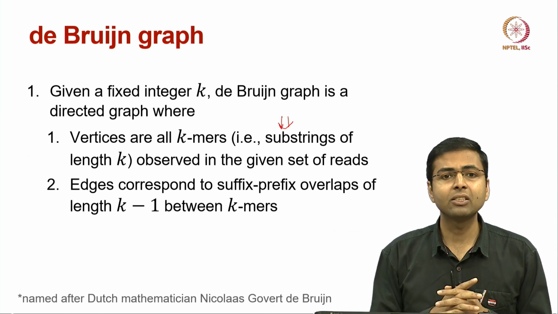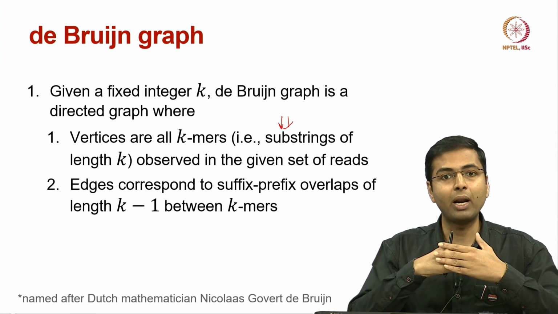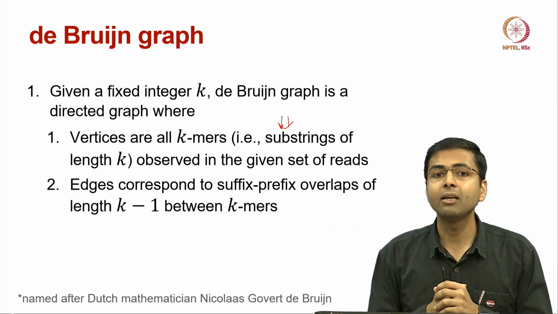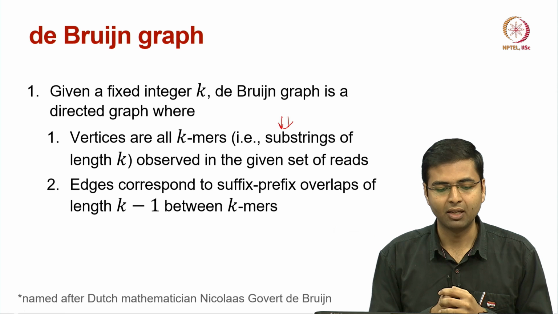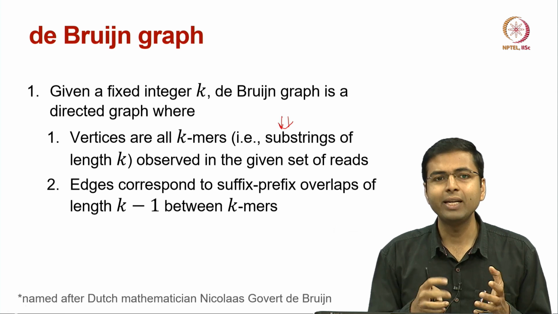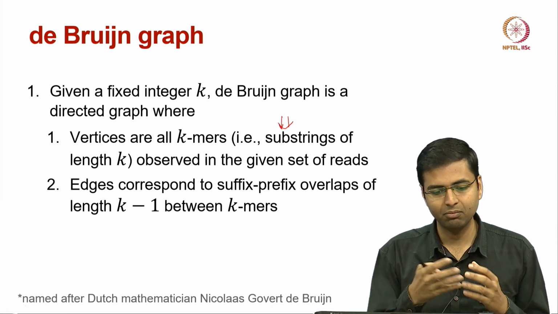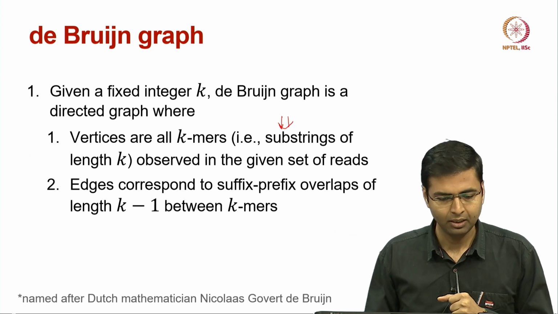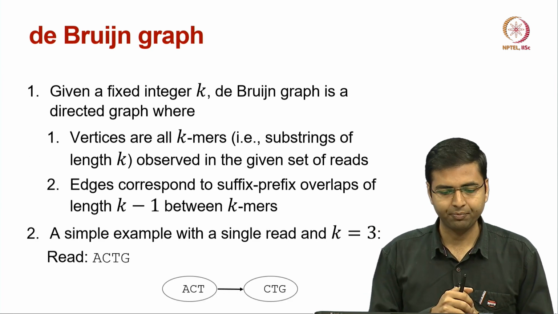And edges correspond to suffix prefix overlaps of length k minus 1 between k-mers. So this is a very simple definition, and that is why this is a very simple as well as powerful data structure.